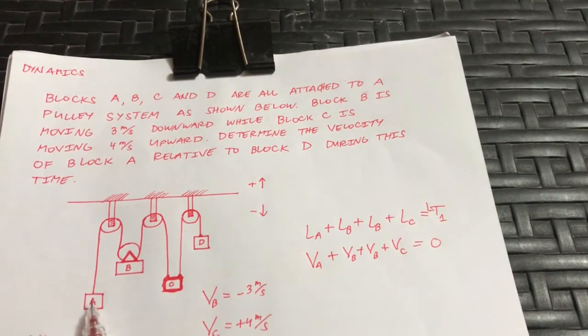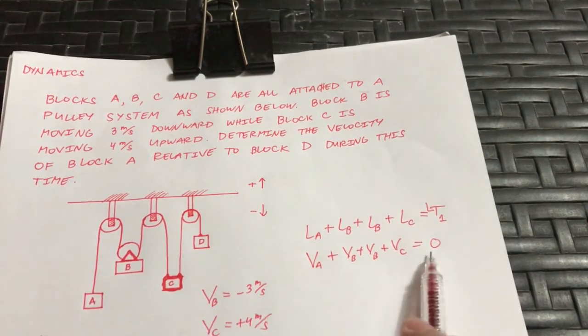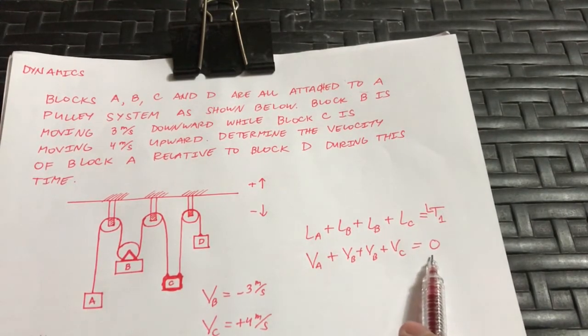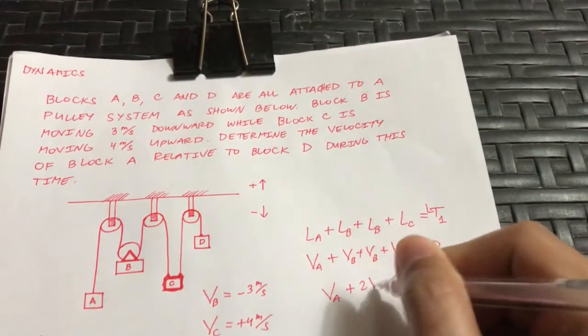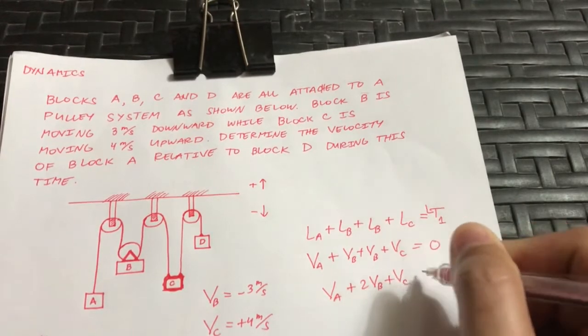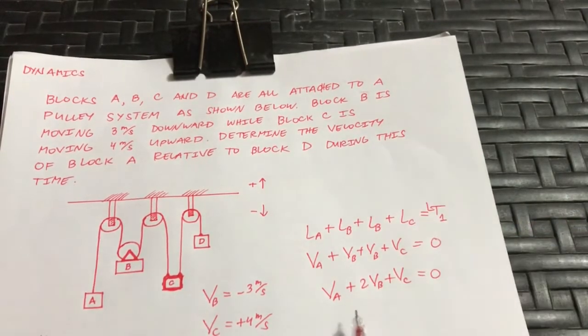It will not stretch. So we now have our first equation: VA plus 2VB plus VC equals 0.